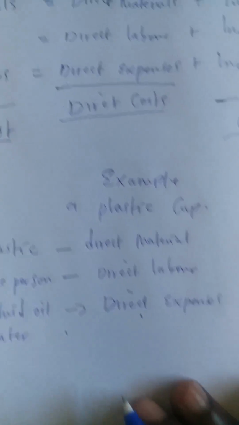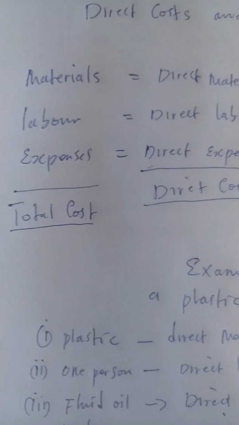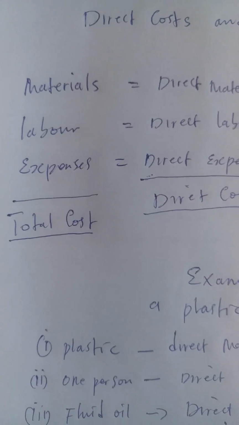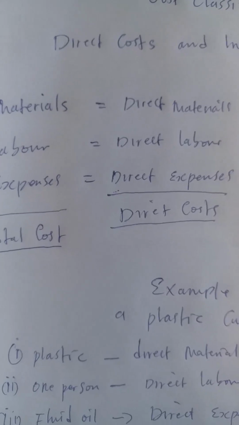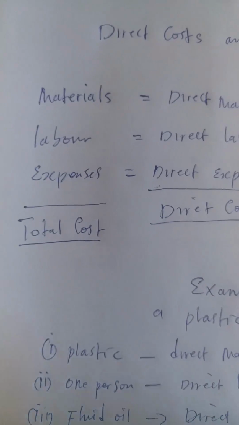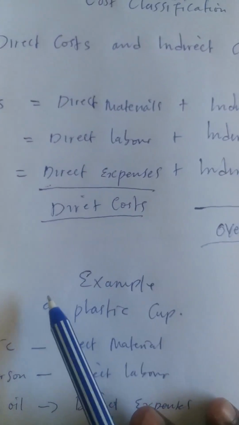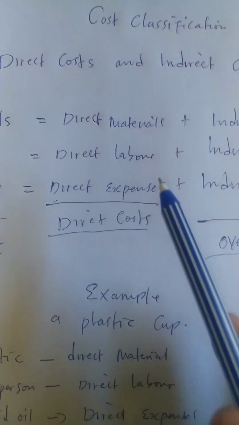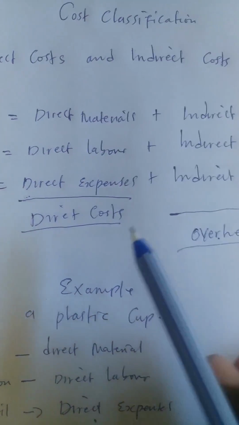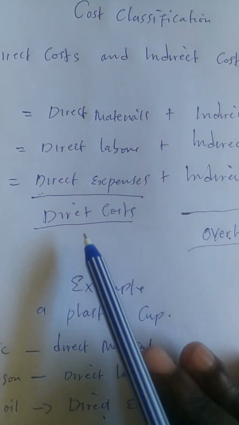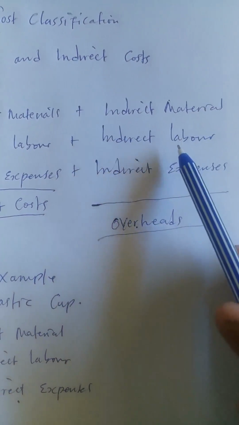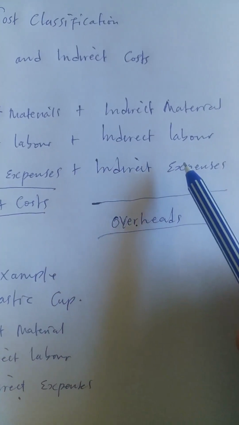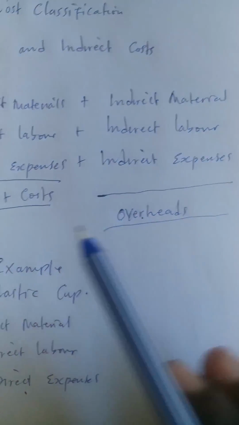So basically this is the classification of costs that we'll be talking about: the direct materials, direct labor, direct expenses, which fall under direct costs, and the indirect material, indirect labor, indirect expenses, which fall under overheads.